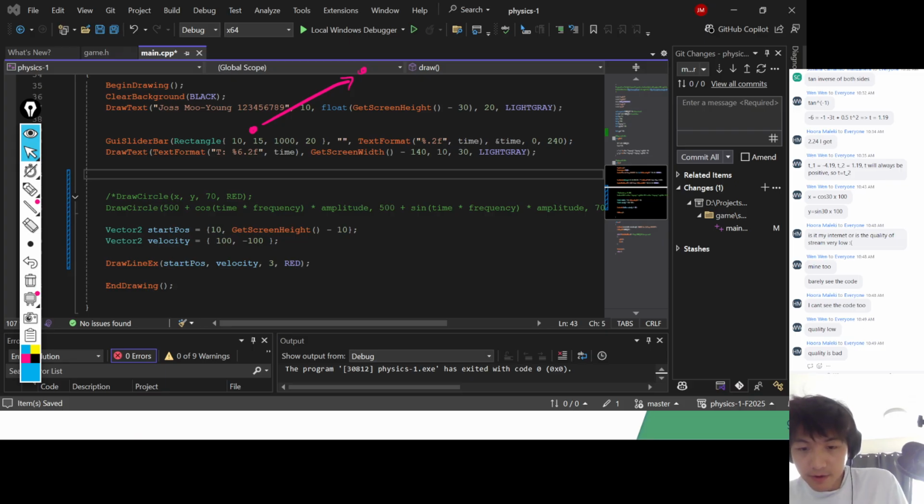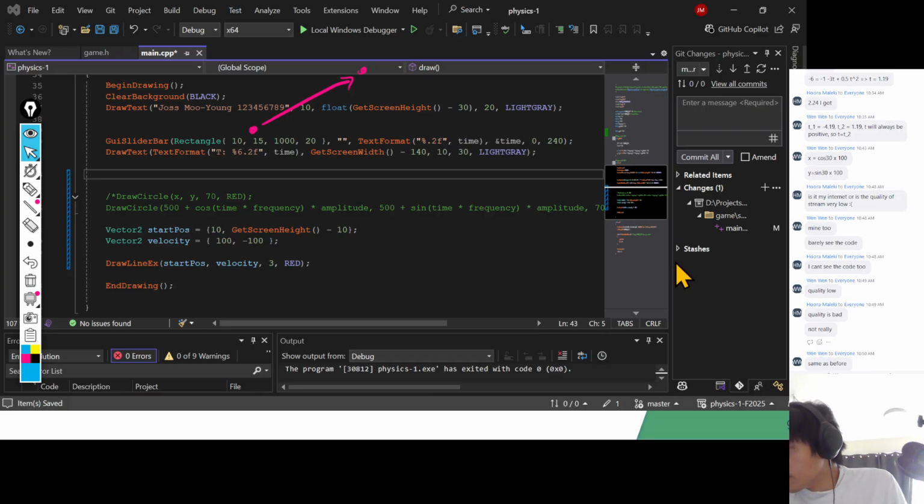Is this any better? Come on, Zoom. Same as before. Come on, Zoom. Please. I'm not even recording or streaming to multiple places at once.